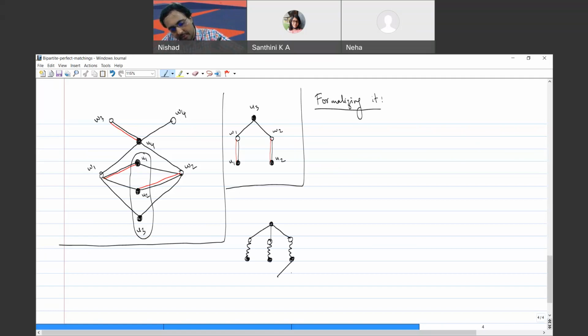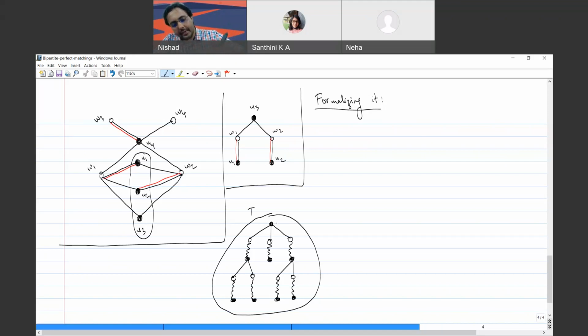You could have more neighbors here. So this is your tree at any step of the algorithm. And this is the root of your tree, the exposed vertex where you started.